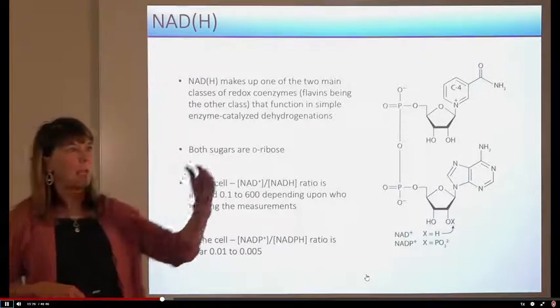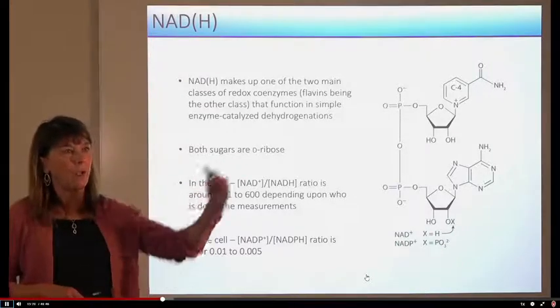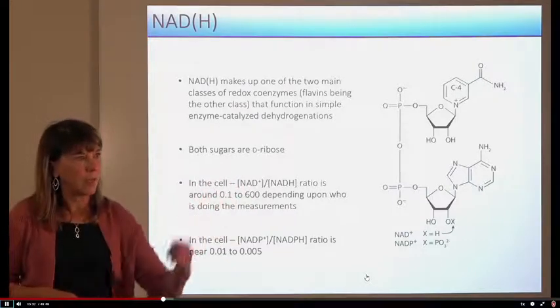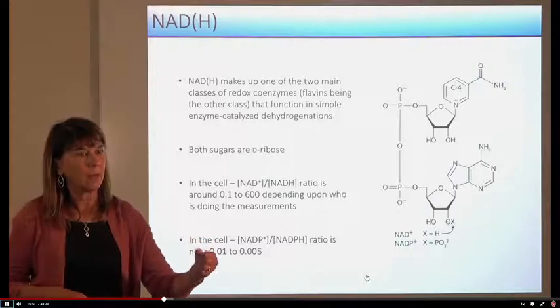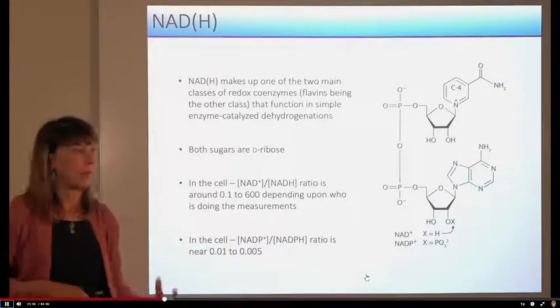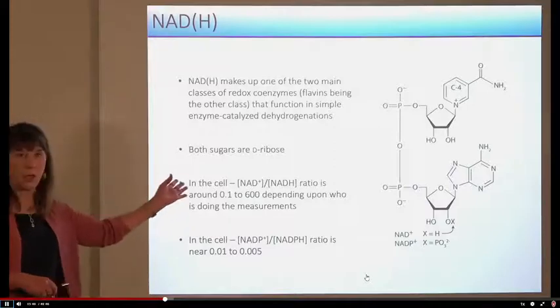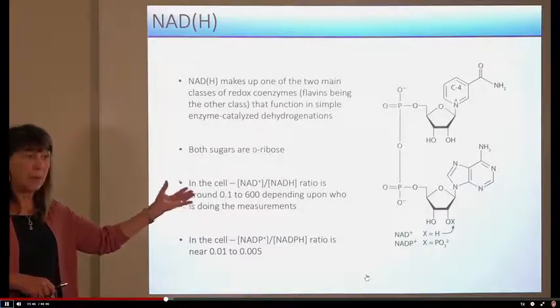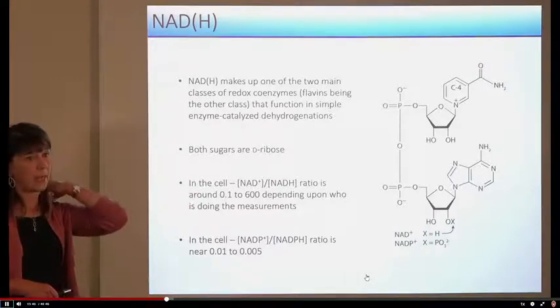And if you look at catabolic pathways, when you're breaking down foodstuff and you're grabbing electrons, if you're oxidizing things, something has to get reduced. So if you look at the reactions in catabolic pathways, if they have hydride transfer, they tend to use NAD. Now some enzymes can use NAD or NADP, but in catabolic pathways, you tend to see NAD.